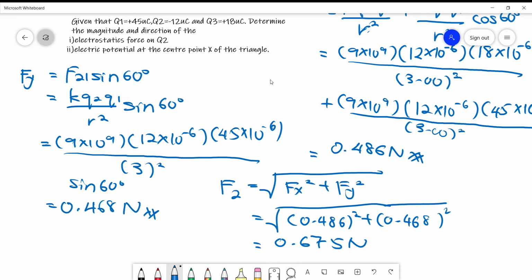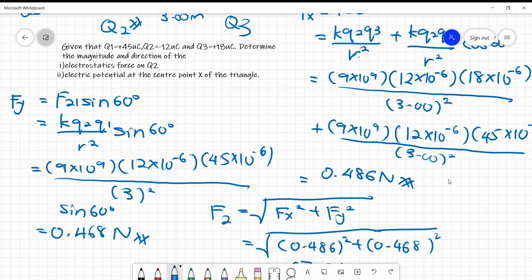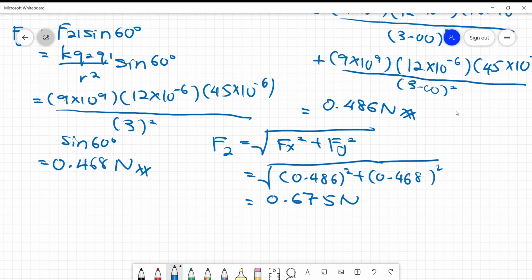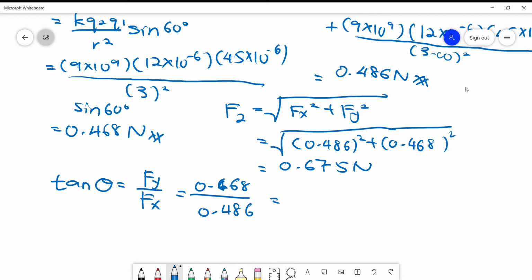Okay, so yeah, correct. So after finding the magnitude, the direction is actually quite important as well. So what we need to do is actually find out the direction. So tangent is actually equals to the fy divided by fx. So what will be my fy? This is 0.468 divided by 0.486.